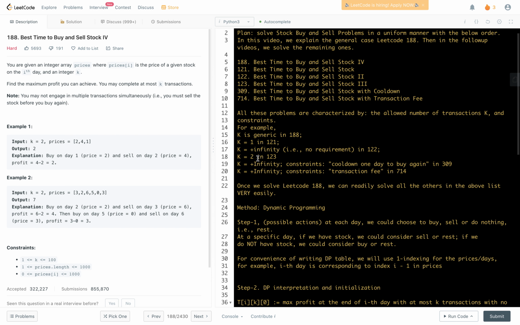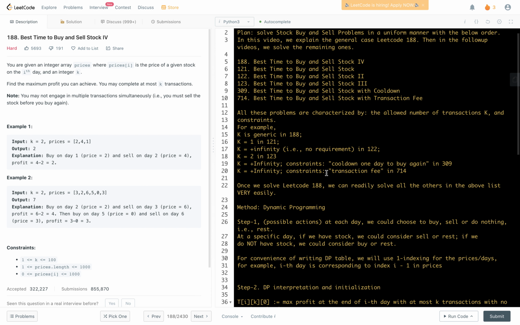In other words, no requirement on the allowed transaction numbers. In problem 123, K equals 2. In other words, there are at most 2 transactions allowed.